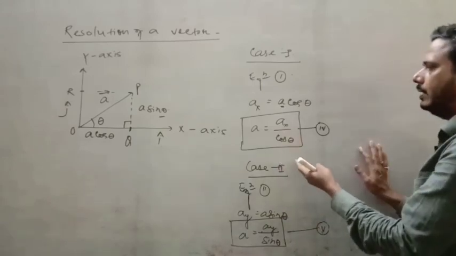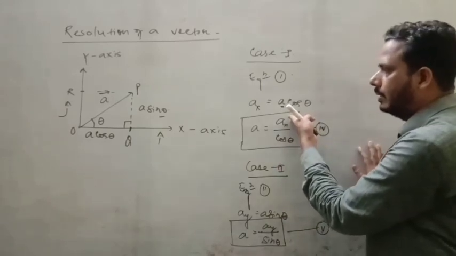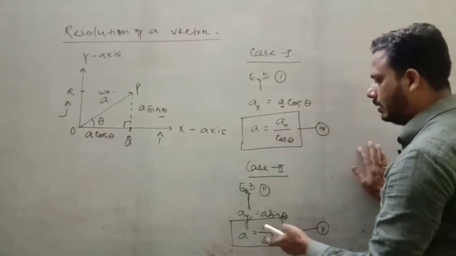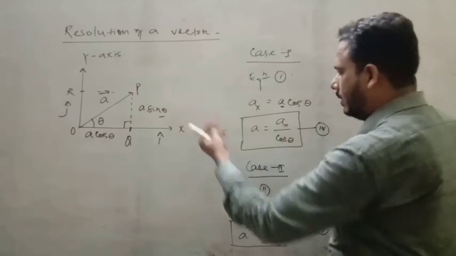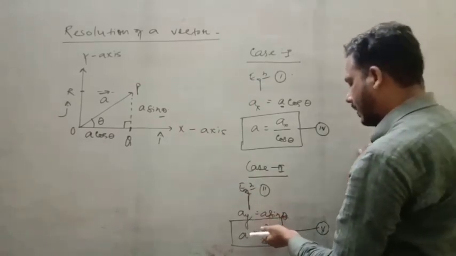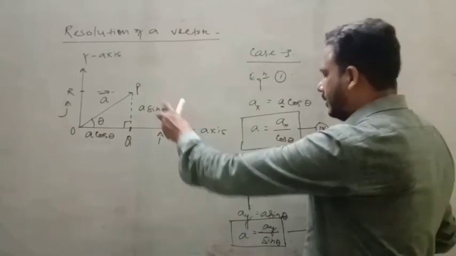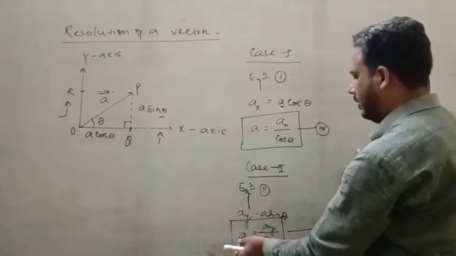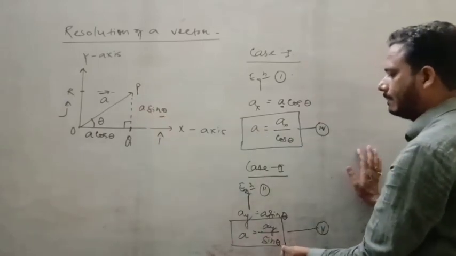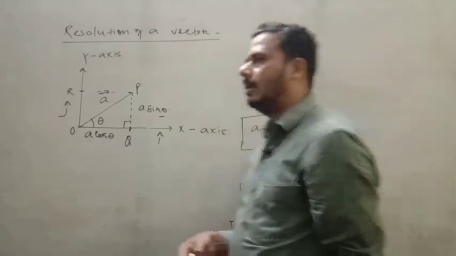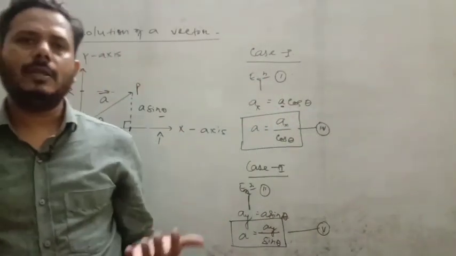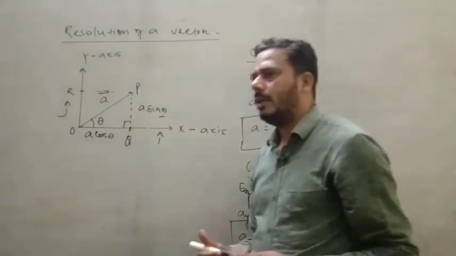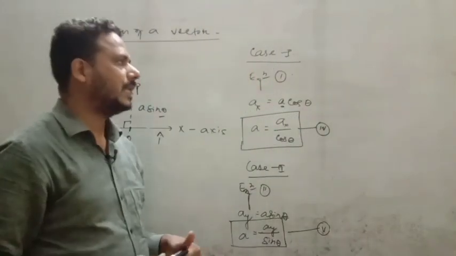So simply, you have to divide the magnitude of the component by the cosine of the angle, and if you want its perpendicular component, that is using this perpendicular sine, then if you have its magnitude, simply you have to divide this magnitude by sine theta. Then ultimately you will get a single vector A which is lying in this plane, making such and such an angle. Okay, so this one is the way of finding the component of the vector.